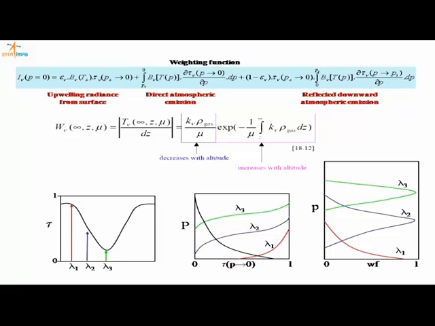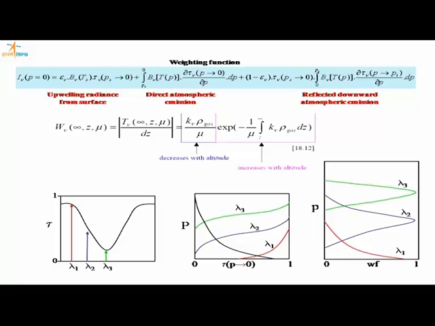So basically this weighting function is weighting or multiplying the radiance emitted by different layers of the atmosphere to compute the net radiance which is received by the satellite at the top of atmosphere.